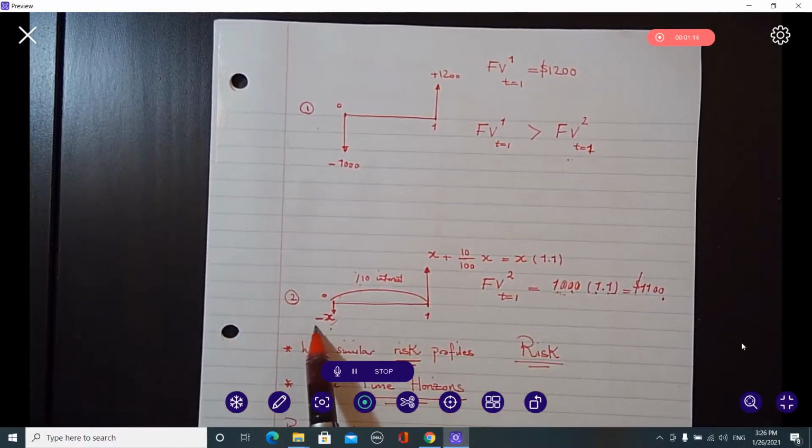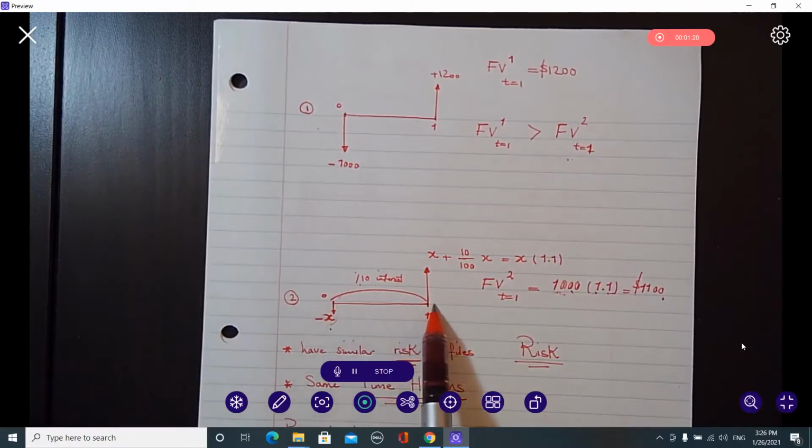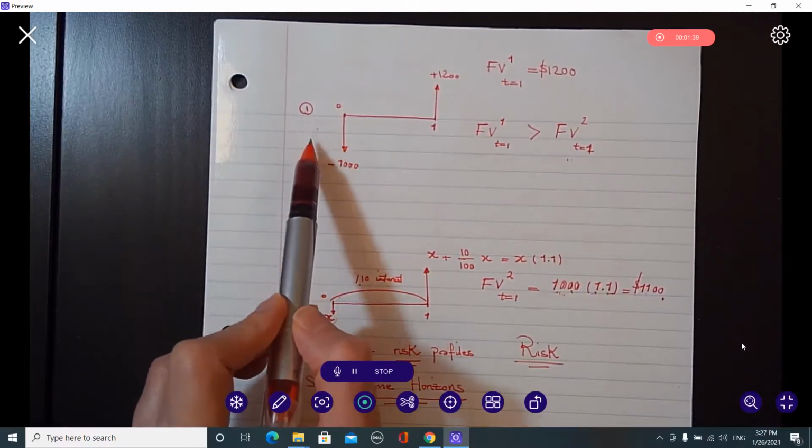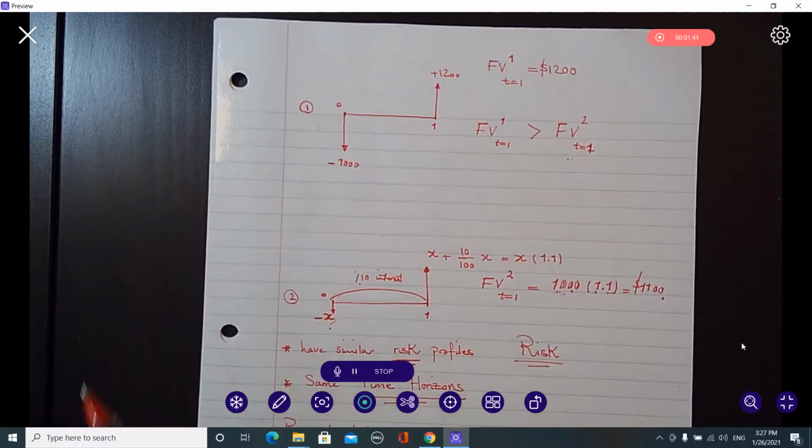In the second, you can invest any amount of money that you want, and after 1 year you will receive not only the principal amount of your investment, but also a 10% interest rate. All the calculations that we did in the last video showed that the first investment opportunity is the best.